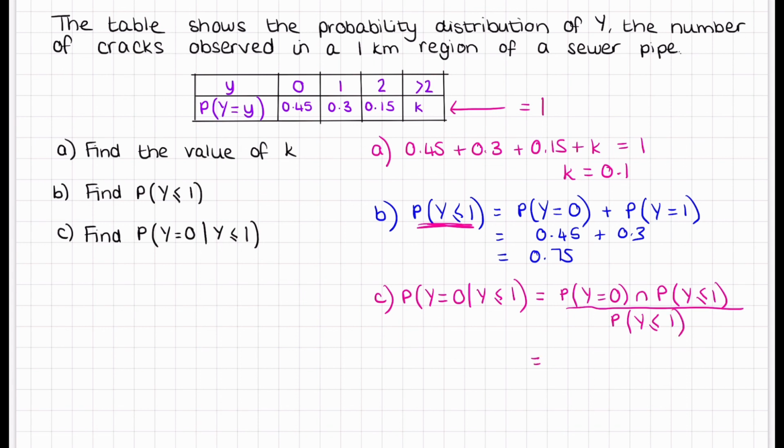Now, the probability that y equals 0 and y is less than or equal to 1 is just the probability of y is 0, because y is already less than or equal to 1. It can't not be. So it's just going to be the probability of y equals 0, which is 0.45, all over the probability that y is less than or equal to 1. We found that in part B, which is 0.75. Put that in your calculator and you'll get 0.6. And that's basically probability distributions, and quite often you get asked these types of questions like this example here with them.